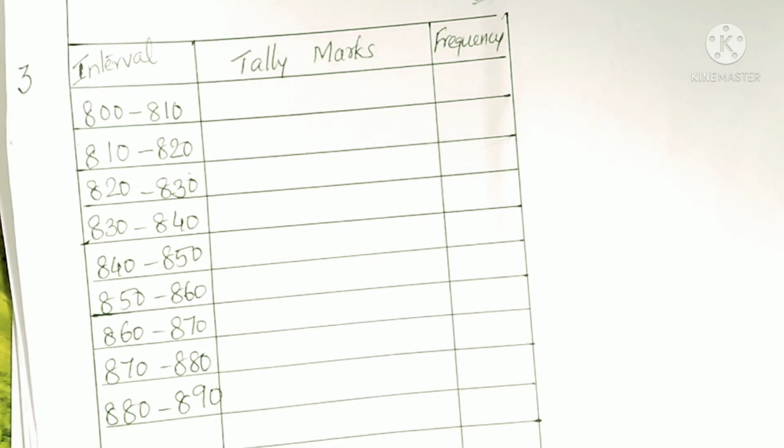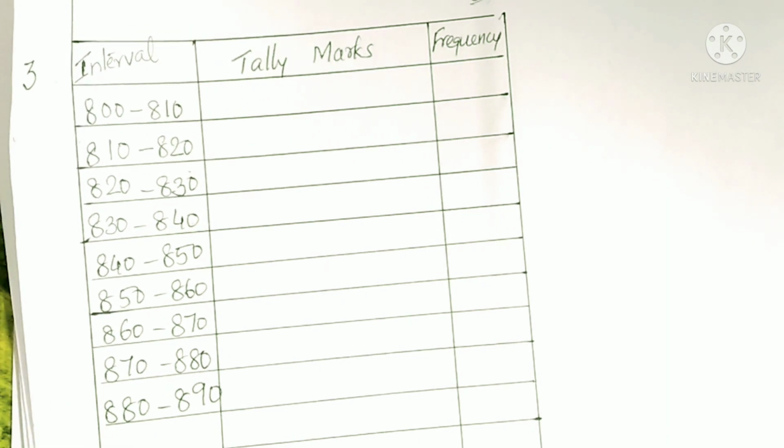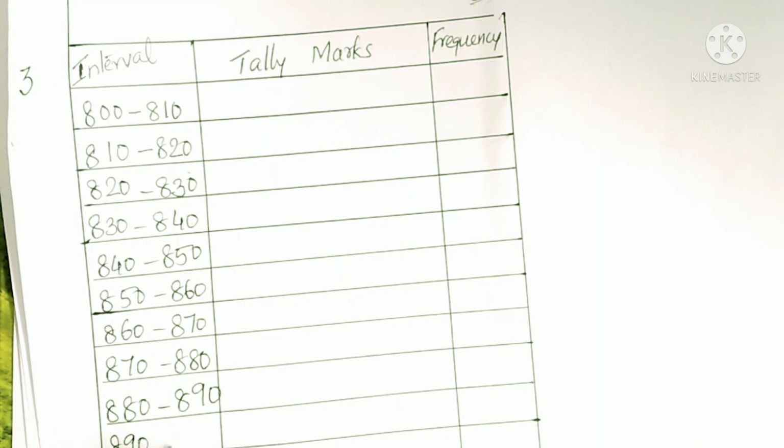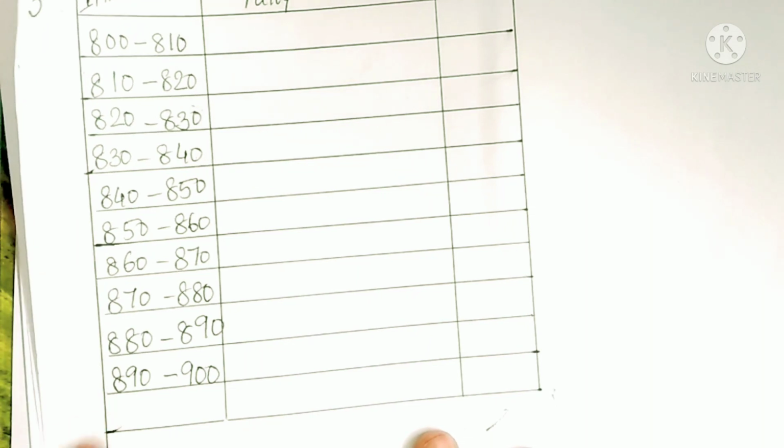I think 898 is there. So 890 to 900. So these are the class intervals.